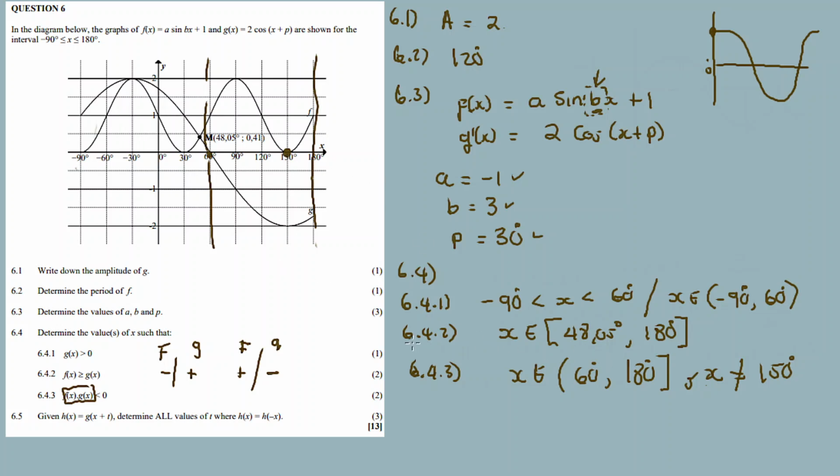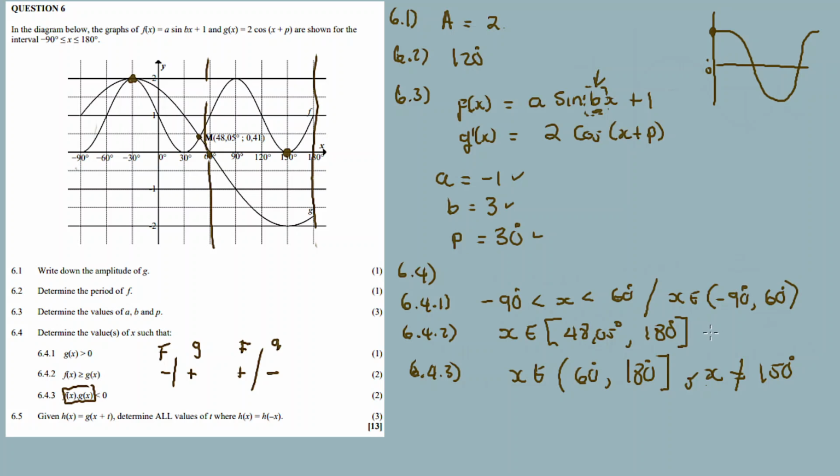So going back to 6.4.2, here we want these graphs to be equal, where f is above g or below, and they also should be equal. It seems we include this 48.05 degrees, and then the other point of intersection, this 30 degrees.